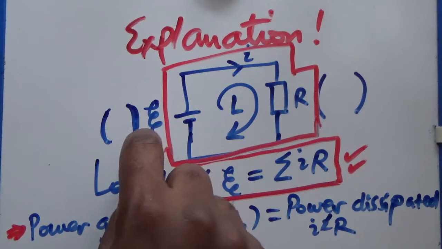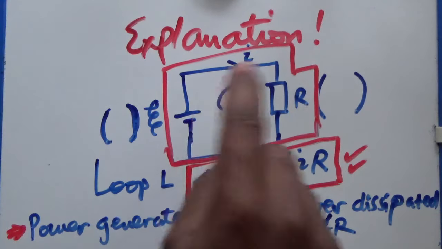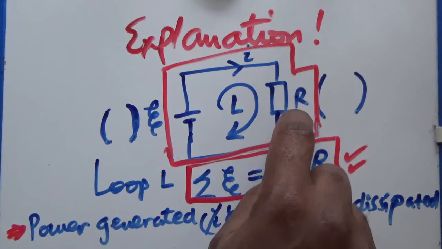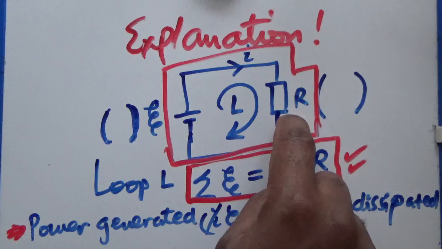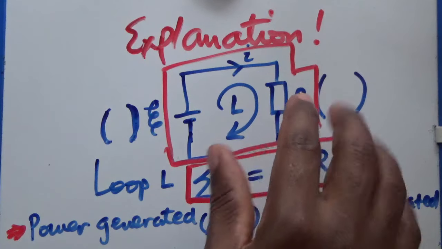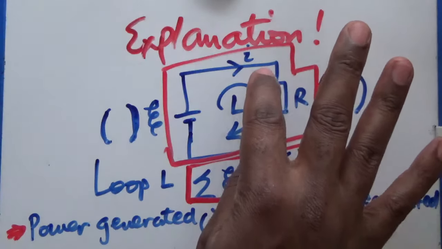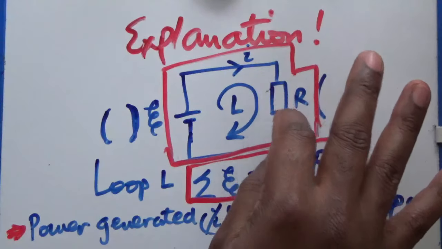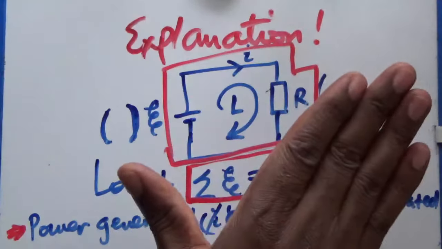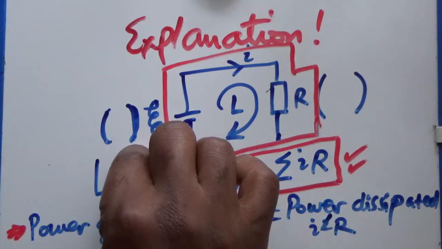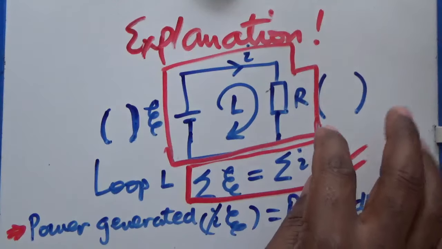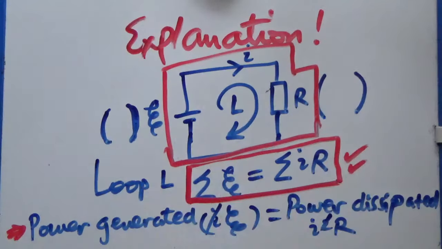Whatever is generated within this battery will end up being dissipated in this resistor. It could be a lantern, an incandescent bulb, a flat iron, a cooker. This potential drop could be any load within your circuit. Whatever is generated will be equal to whatever is dissipated.